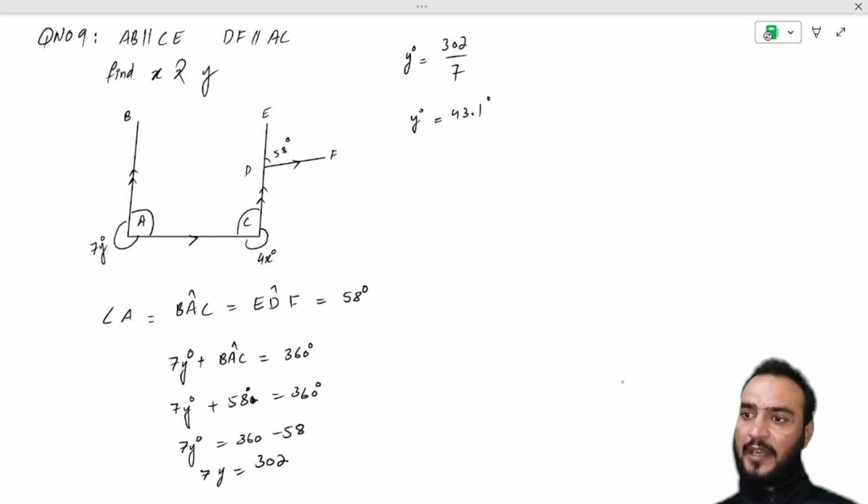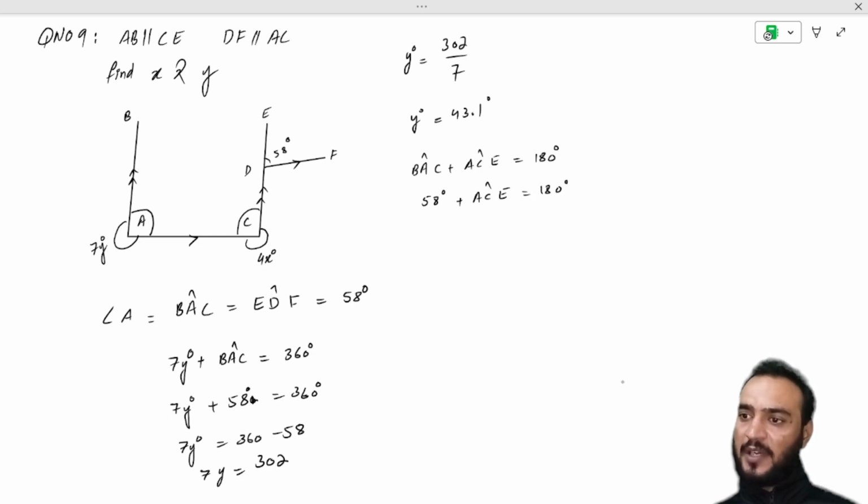That means angle BAC plus angle ACE equals 180 degrees, because both of them are interior angles. So BAC, we know what BAC is. The angle BAC is 58 degrees. 58 degrees plus ACE equals 180 degrees.